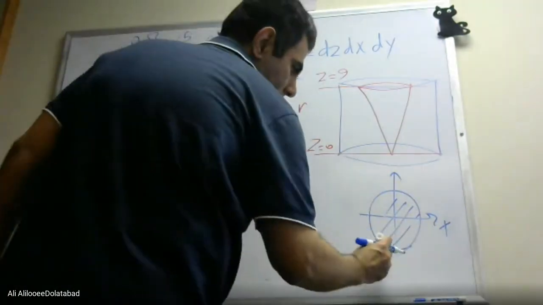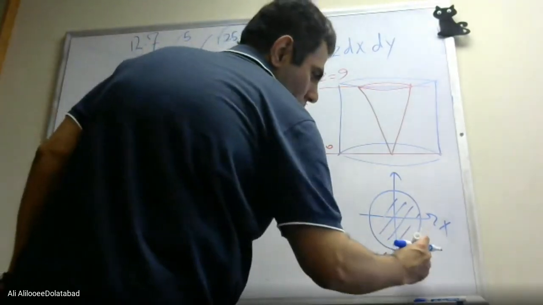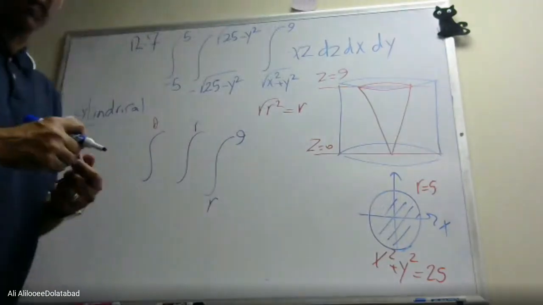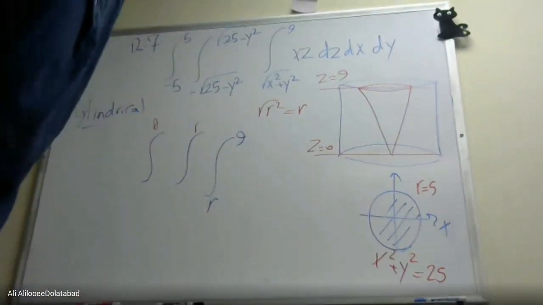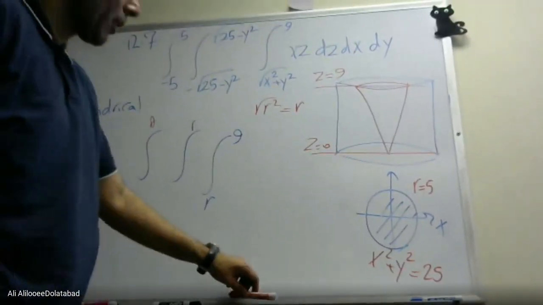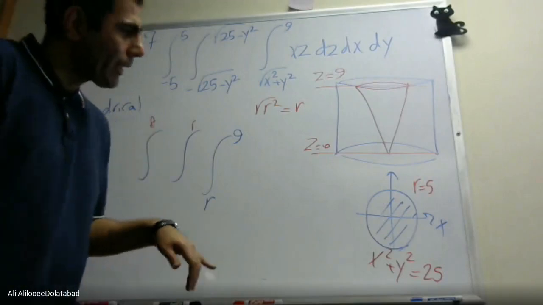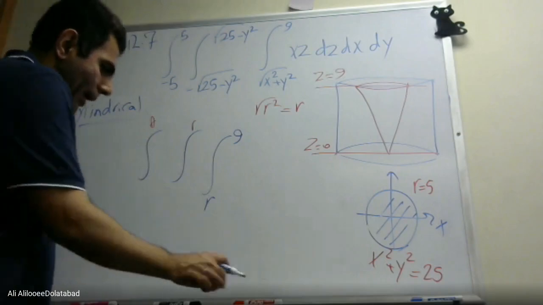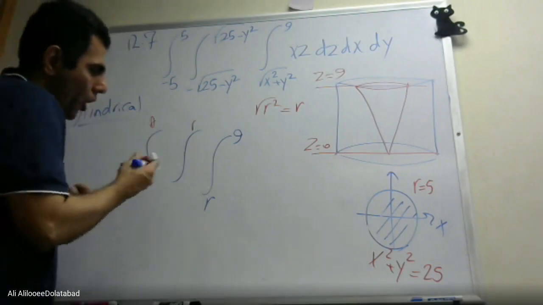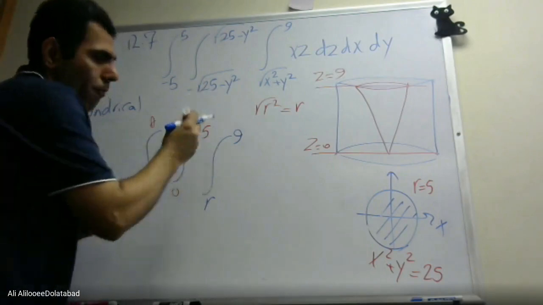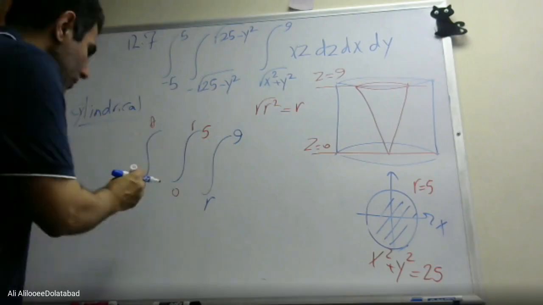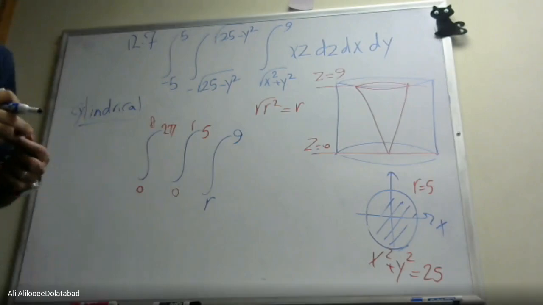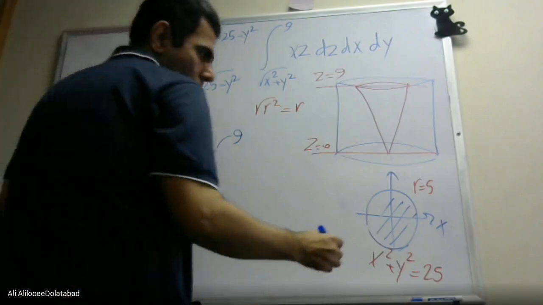The equation of this circle is x squared plus y squared equals 25, a circle centered at the origin with radius 5. As we did before, the bound on r is 0 to 5, and the bound on theta is 0 to 2 pi.